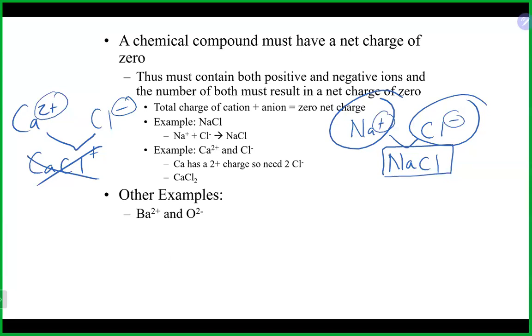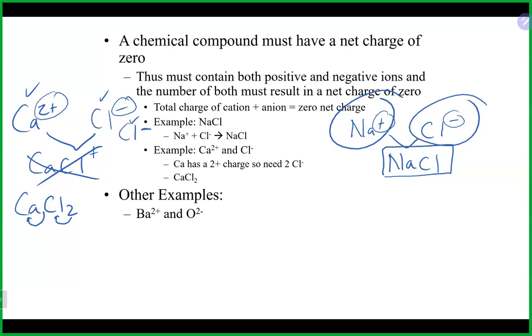So in this case, I don't need one chloride, I actually need two of them. And I would have the formula CaCl2. One calcium and two chlorides. Remember, the subscript goes to the element to the left, right? So if nothing is written there, it represents 1. And obviously the 2 represents 2. And that would be the proper formula for calcium chloride.